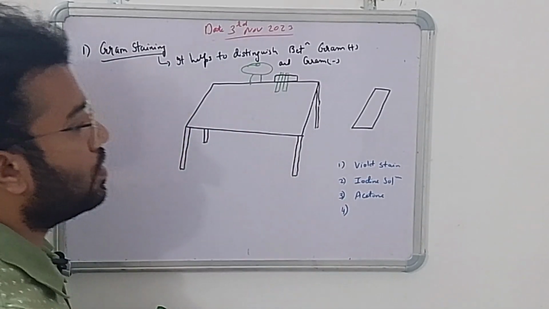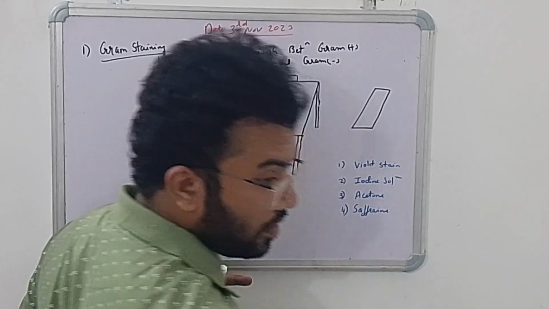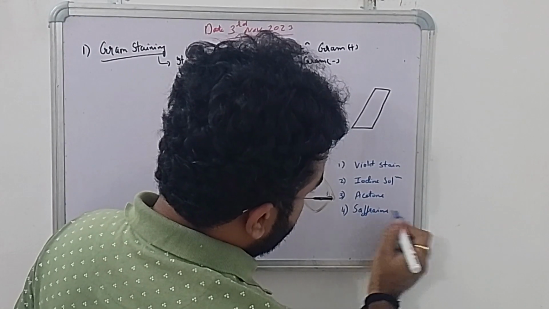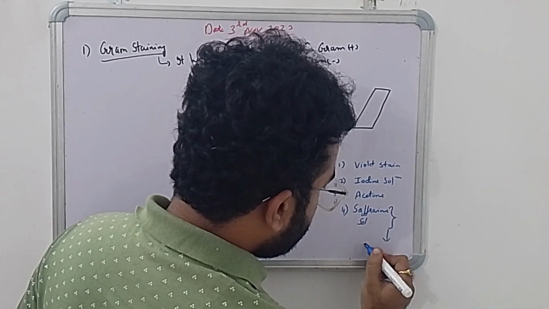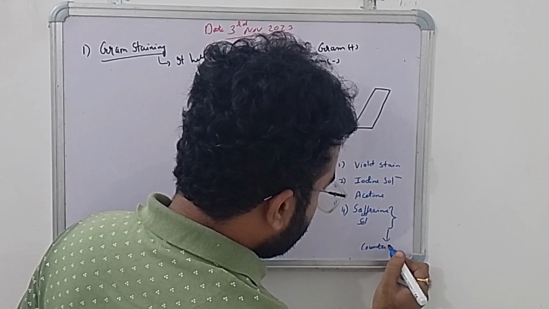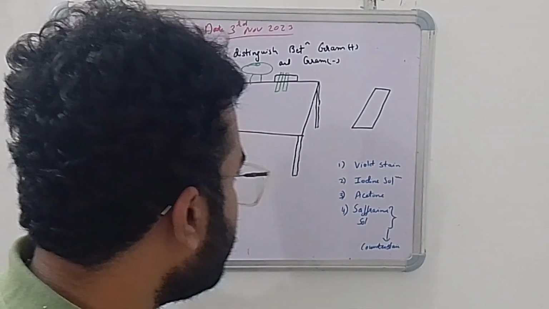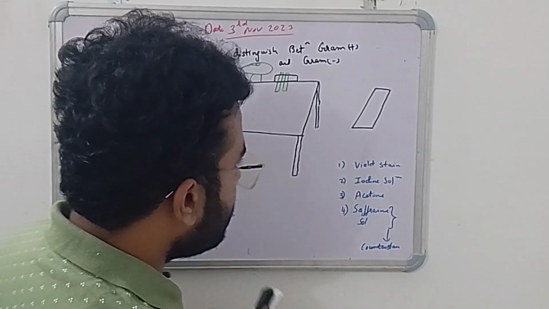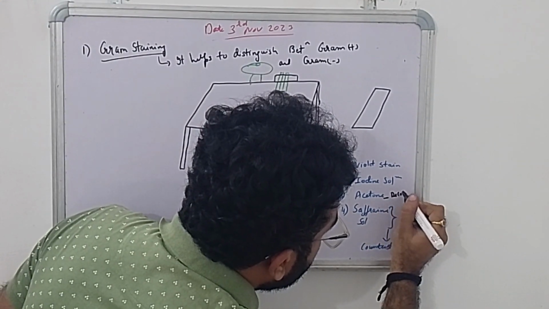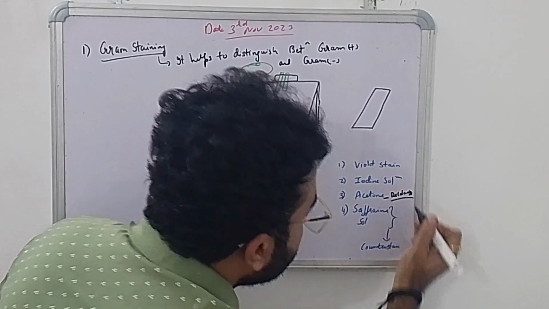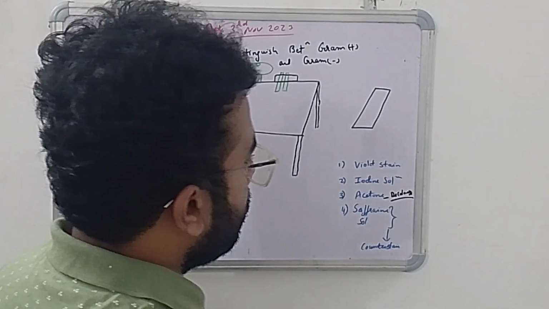Fourth, you will use safranin, sorry for my pronunciation, safranin solution. It is a counter stain. This is orange or a color like that, so the word is derived from that. And acetone is a decolorizer. Iodine is about yellow, and violet is about purple color.